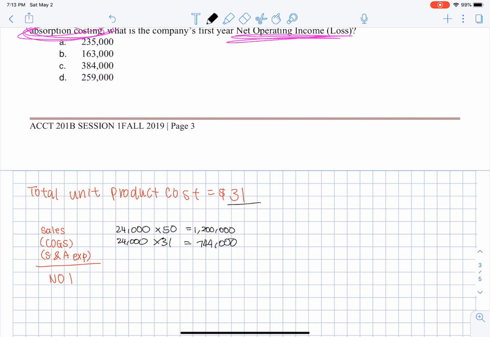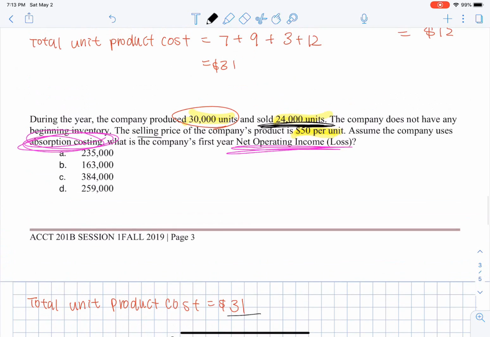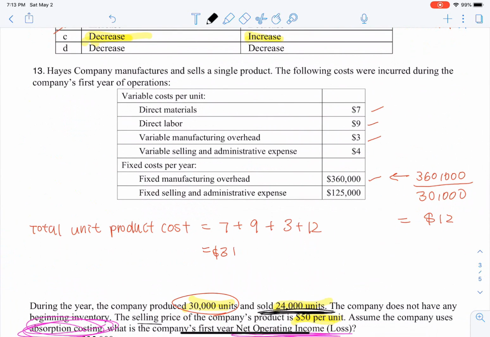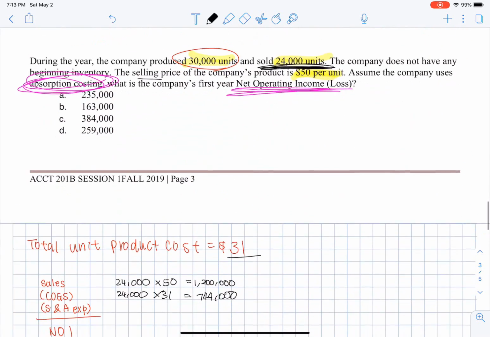And selling and administrative expense. It's our $4. We don't include the fixed one, so it's only $4.